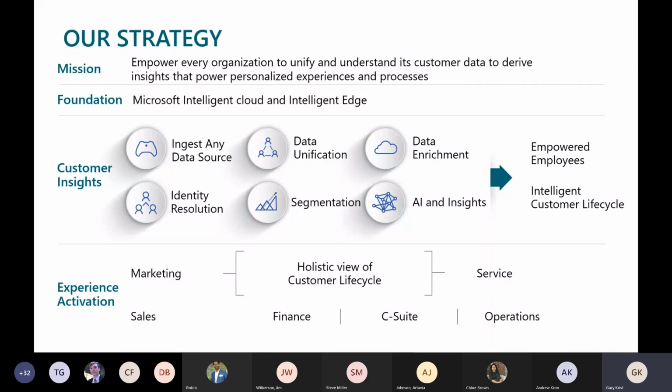It enables us to track that and then act on it. And it makes our employees more empowered to provide intelligent answers to questions when asked by the customer.